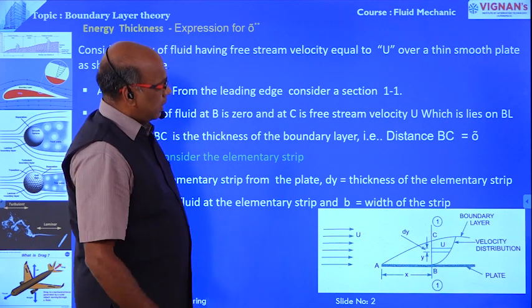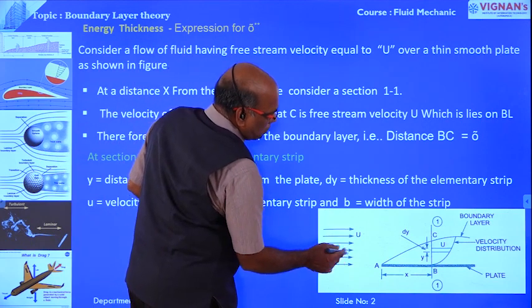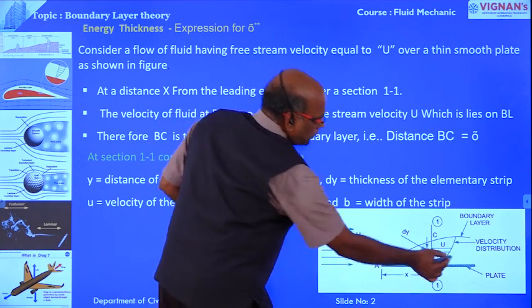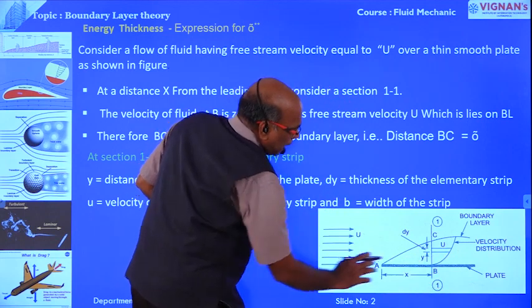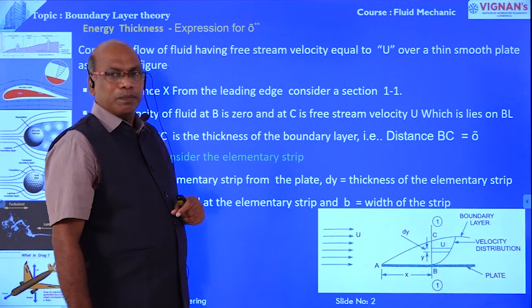Now, here, consider a free stream velocity U flowing over the thin, smooth plate. That plate is put in the parallel direction, in the direction of the free stream velocity. Right?